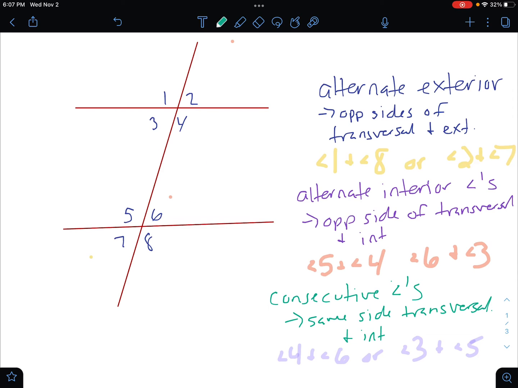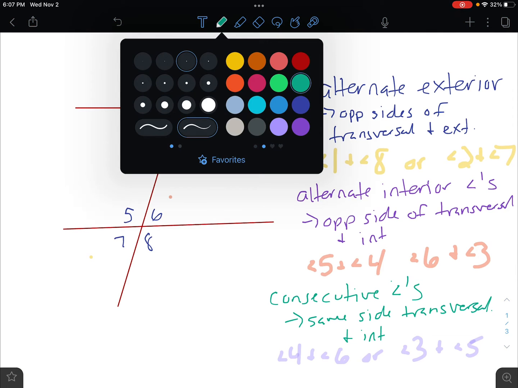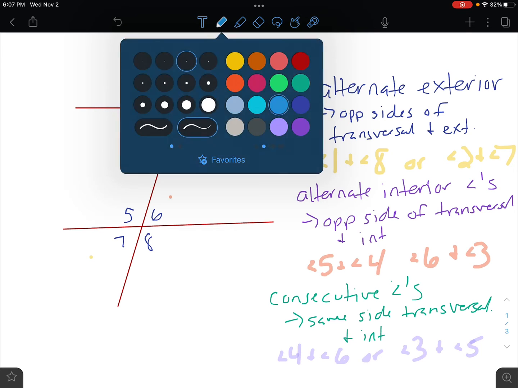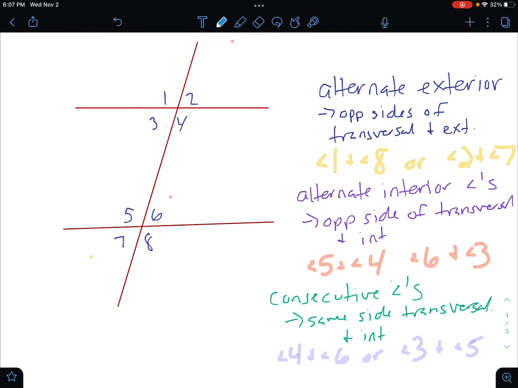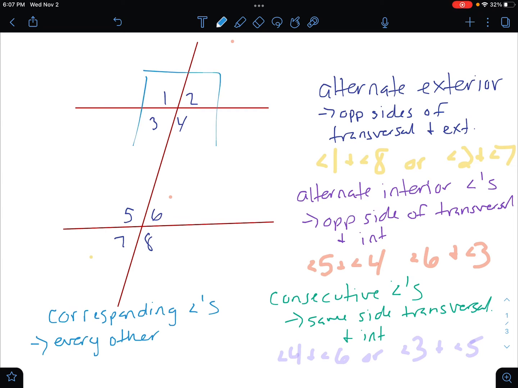Okay, our last definition: corresponding. So corresponding angles I like to think of as every other. So that means also if this was a foursquare, if anyone ever played foursquare before, you're in the same position.